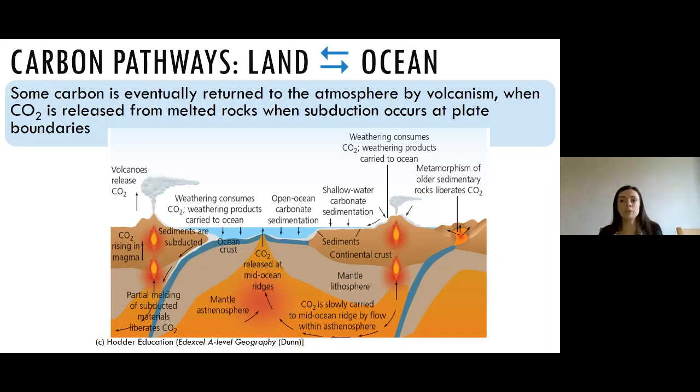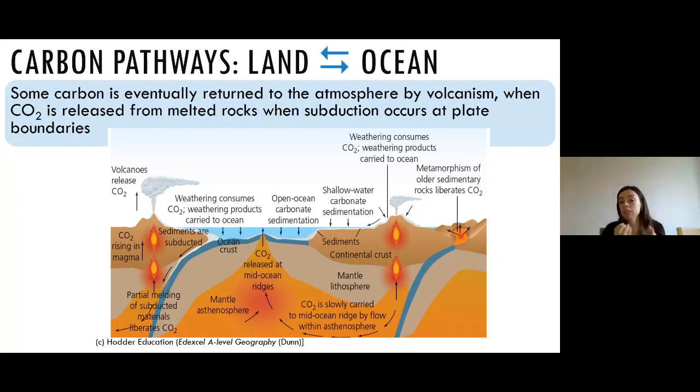So for example, if we've got a convergent plate boundary, okay, this is revising year 12 now, the oceanic plate is more dense and will always subduct, but as it subducts, it gets hot and it melts to form magma.